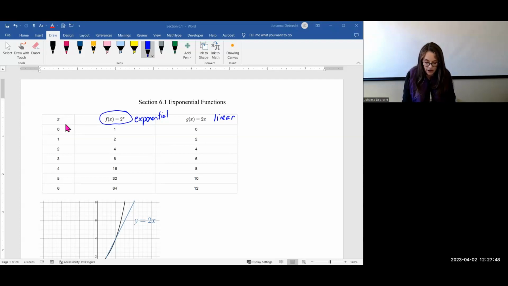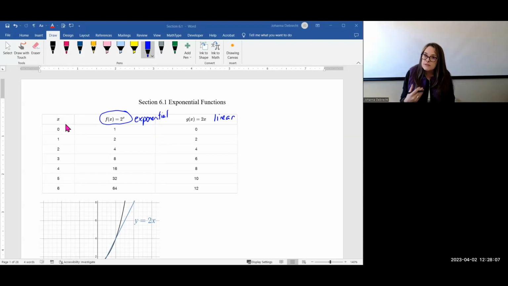You can see that the values are basically increasing by 2. That's because it's linear, which means you're always adding the same value every time when you increase by 1 unit on the x, or you're subtracting the same value every time when you're decreasing by 1 unit on the x.